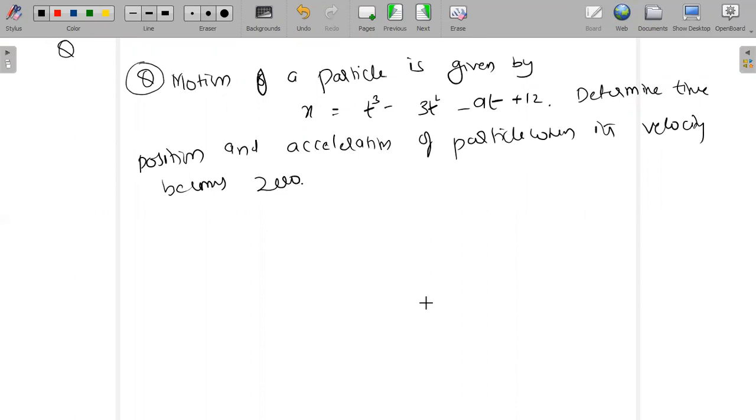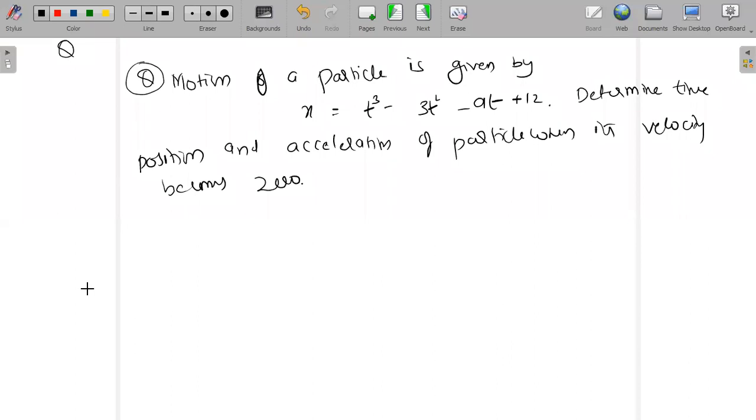So they are asking, when velocity is becoming zero, what is its acceleration. Is it visible to everyone? Okay, this is the question which they have asked.